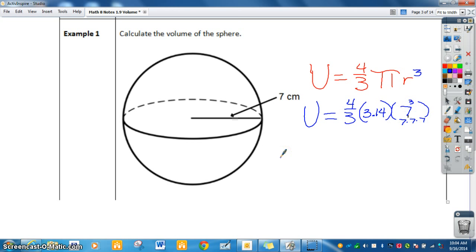Now, like we practiced earlier, take your calculators and take 4 divided by 3 times 3.14 times 7 times 7 times 7. What does that equal? You should just end up with your answer. Round it to the nearest hundredth.